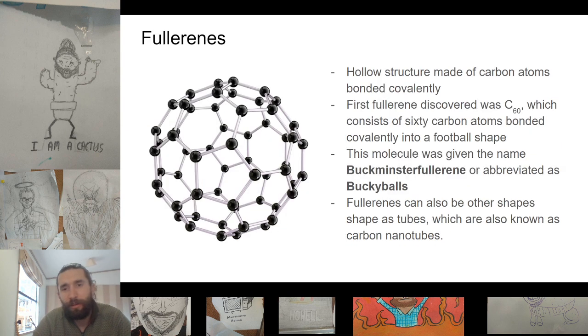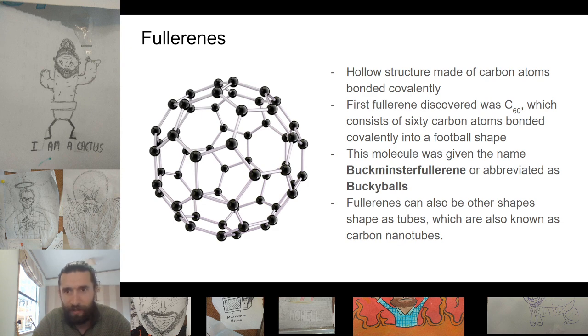All right, and the last one we're going to look at, which I never seem to ask questions about, so maybe this year they're due to do it, are these things called fullerenes. A fullerene is a hollow structure made from carbons which are covalently bonded together. This one on the left, I believe that's C60.